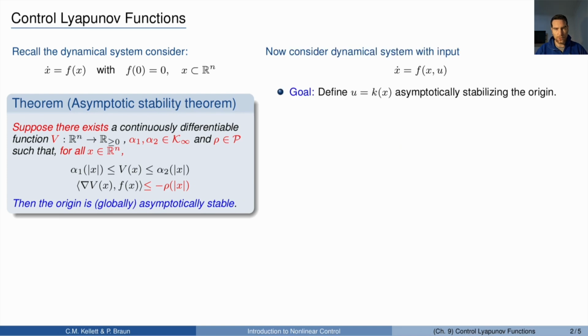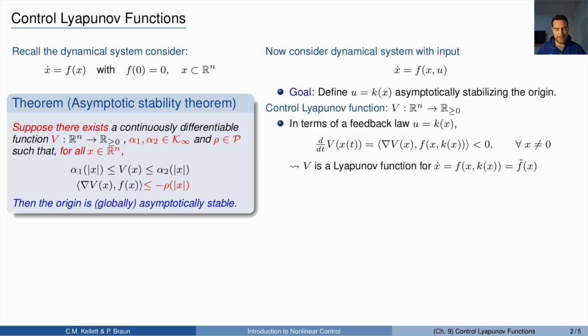Okay, so now we want to talk about control Lyapunov functions, meaning we are going to look at systems of the form x dot is equal to f of x, u, where we now have an input which we want to design in a particular way, namely to also have an asymptotically stable origin. So we want a stabilizing controller stabilizing the origin of this system with input. The general approach here would be to use a state feedback, so to define u is equal to k of x, with k an unknown function.